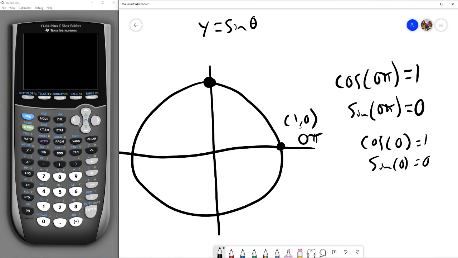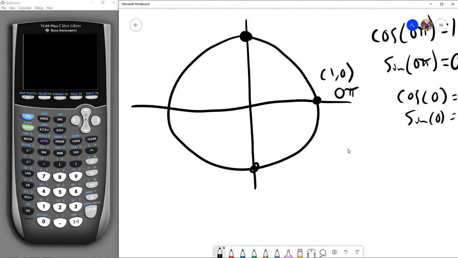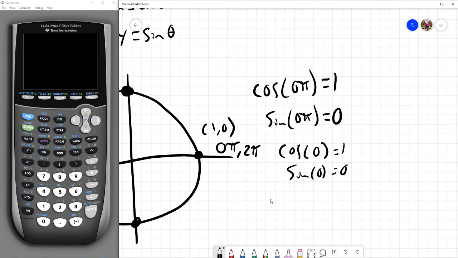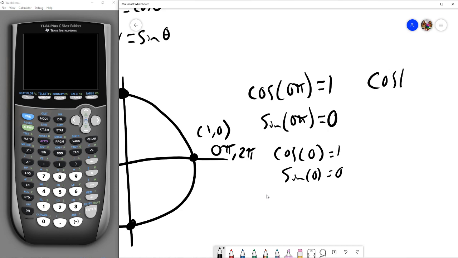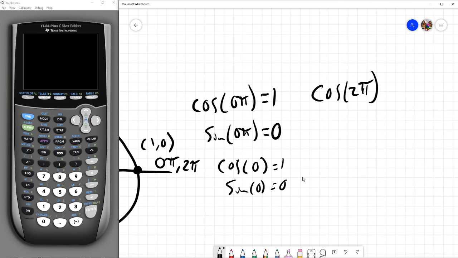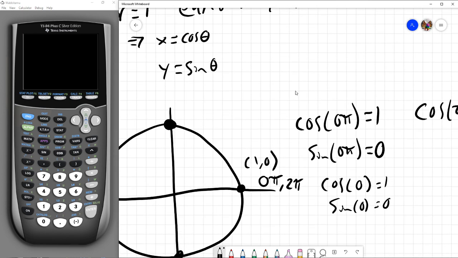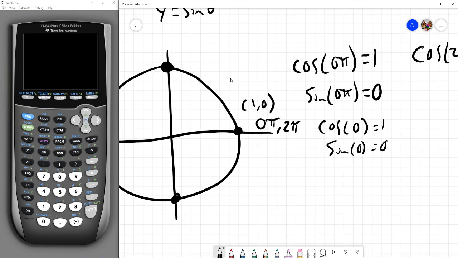And we can define our other points here. If I go all the way around the unit circle one time, that is 2 pi, and so that will also be true. If I plug 2 pi as my angle in the cosine, notice the x coordinate is 1, so this is going to equal 1, because the x coordinate is 1 and cosine is the x coordinate.